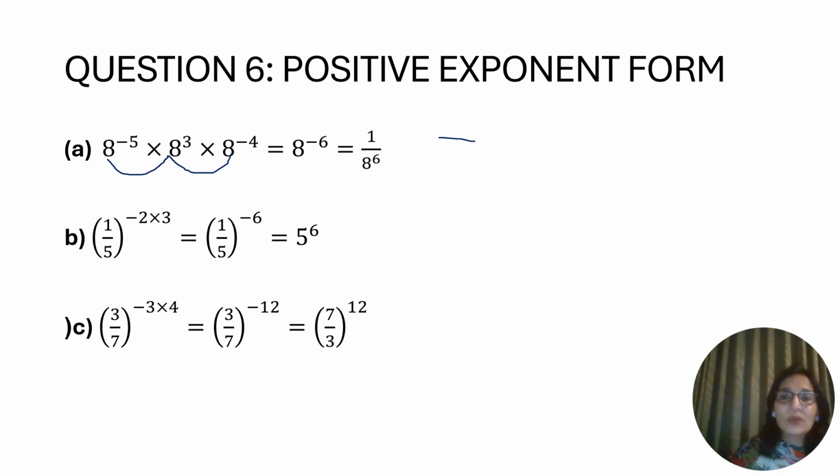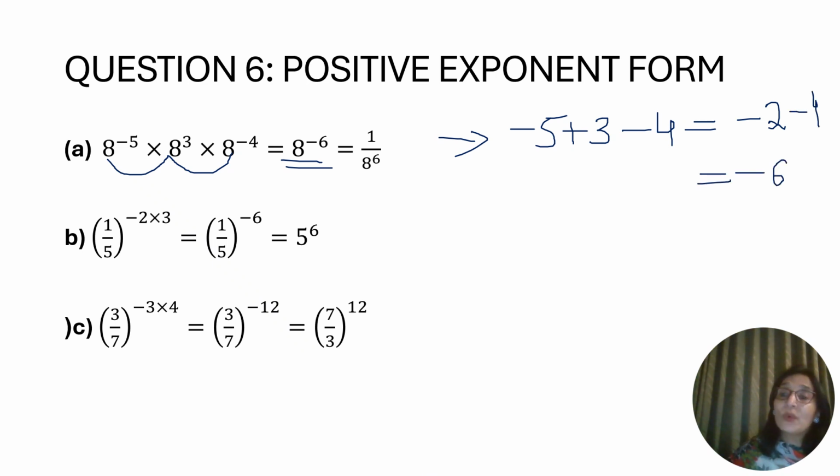I'll quickly solve this so that you understand how we got this answer. So it is minus 5 plus 3 minus 4. Minus 5 plus 3 is minus 2, minus 4 will give you minus 6.